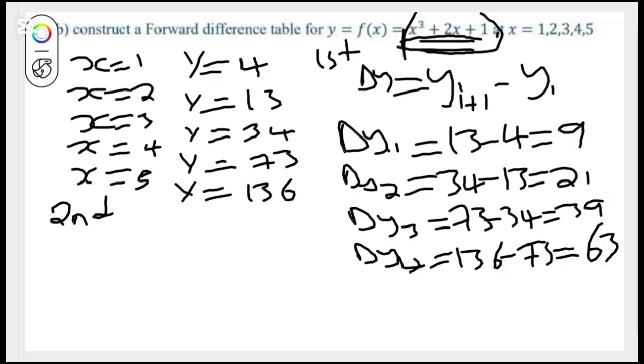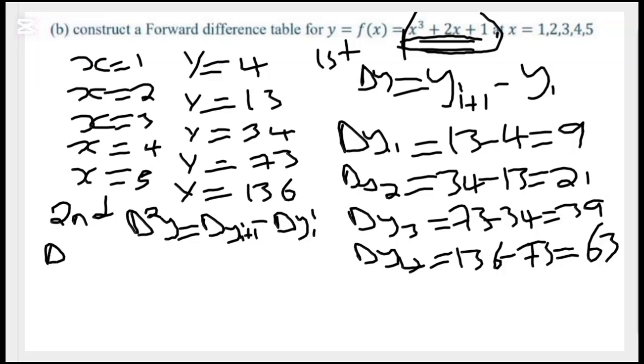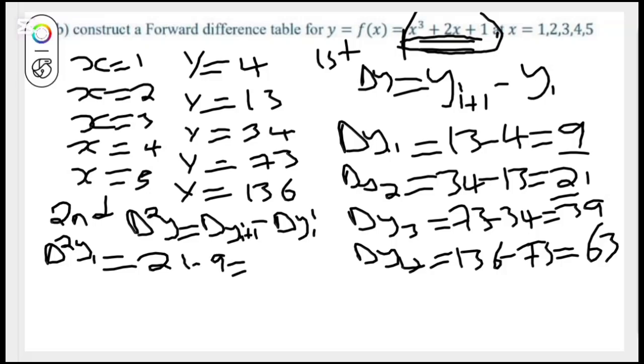So I'm going for the second forward difference. For the second forward difference, this is the same thing as d square y. It is the same thing as dy i plus 1 minus dy i. So how can I subtract this? The first thing that I'm going to do here is say d square y1, it is the same thing as this minus this. So I'll now say 21 minus 9, it will be equal to 12.